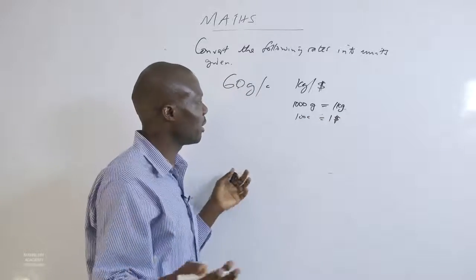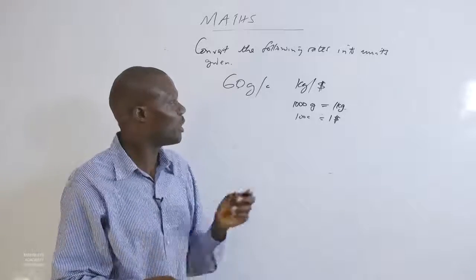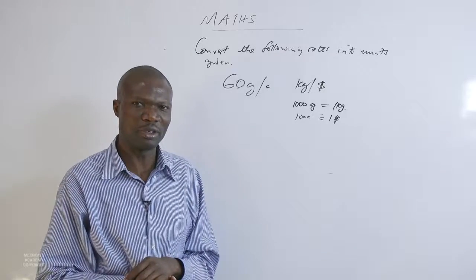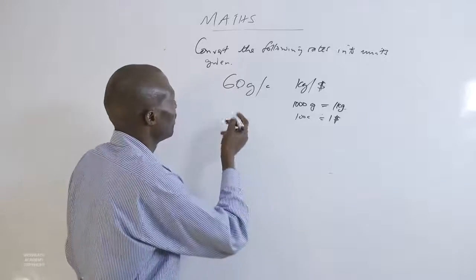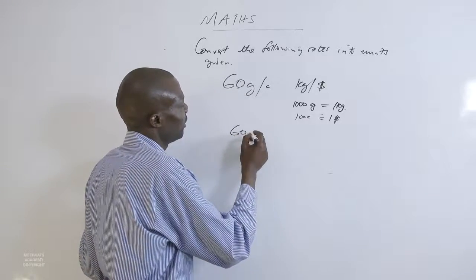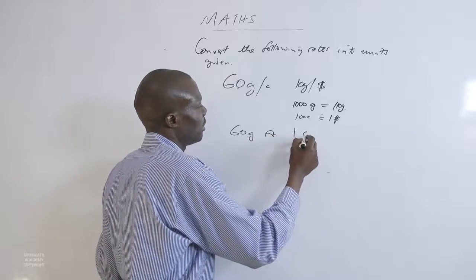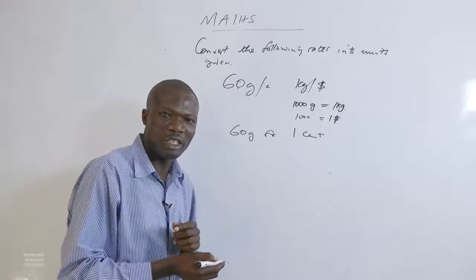Are we all in agreement here? If that is the case now, how many grams do we have here? 60. How many kilograms are they equivalent to? We are talking of 60 grams for 1 cent. We shall be required to change things.